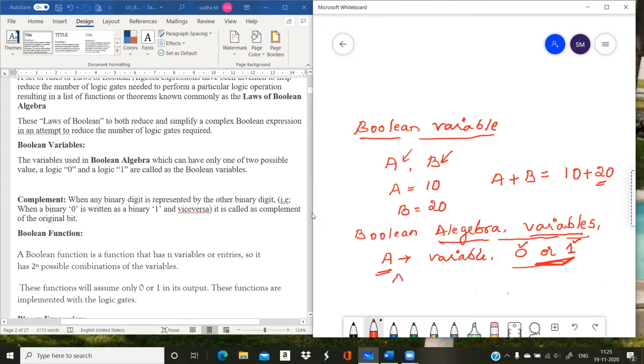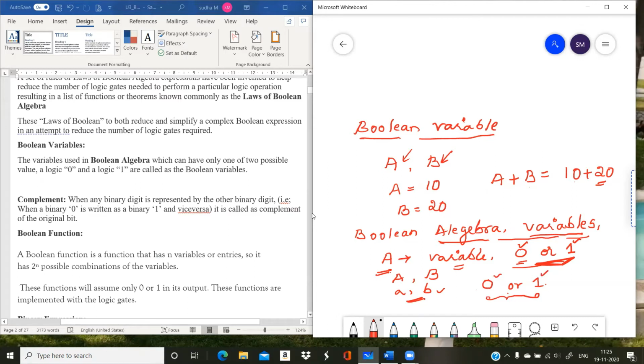It can be represented using any alphabet, capital letter or small letter, any letter we can use to represent a variable, just like in mathematics, but it can have only two values, 0 or 1, because here we are performing the mathematics on the binary bits.